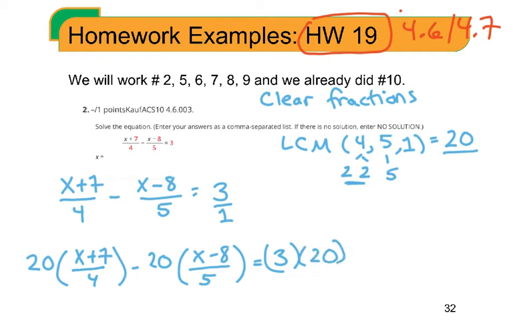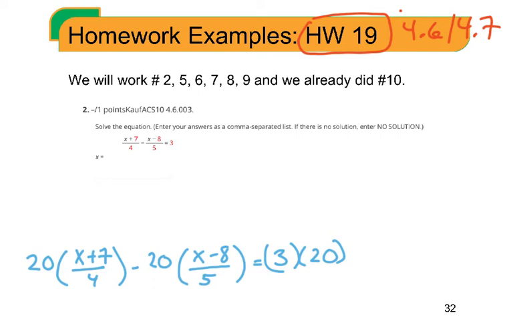Okay, I got us a little more room over here. And what happens when I multiply this first term? Well, I'm going to divide 20 by 4. What does that give me? 5 times x plus 7.